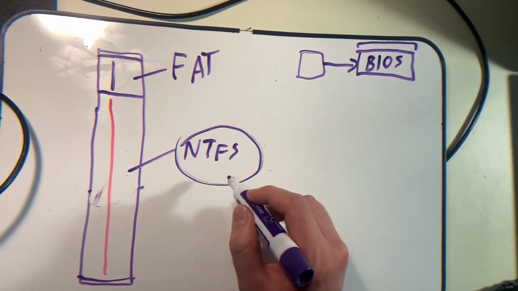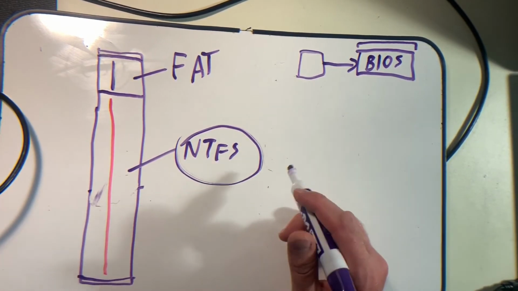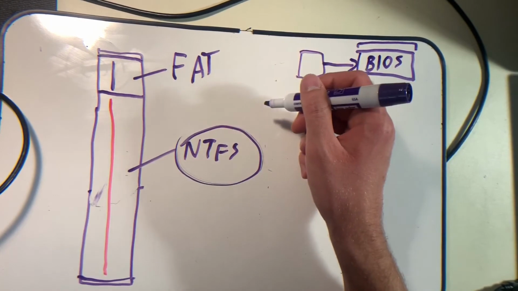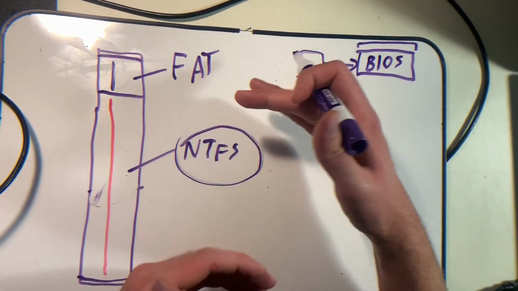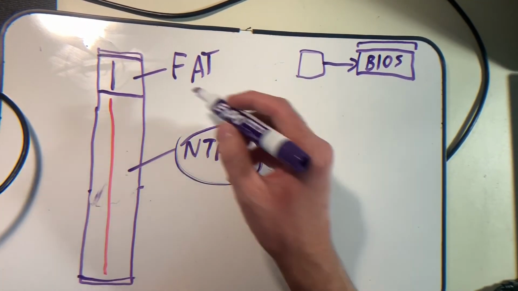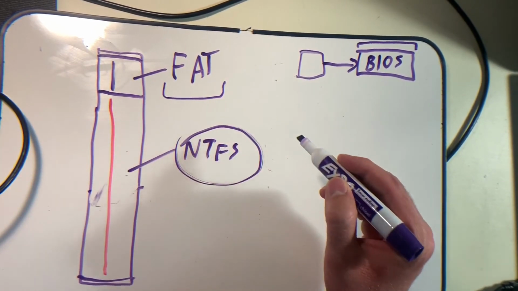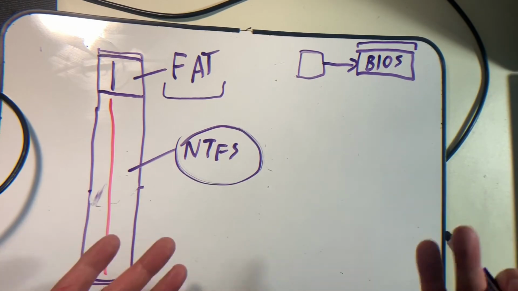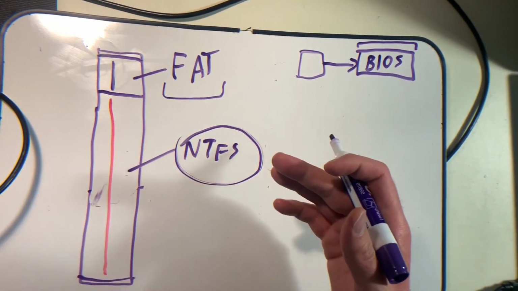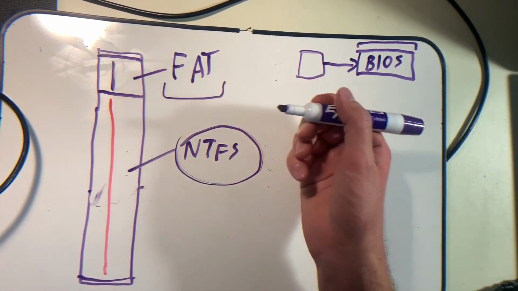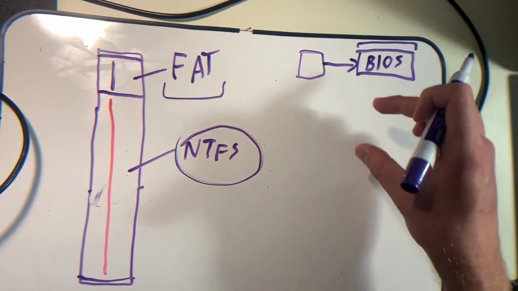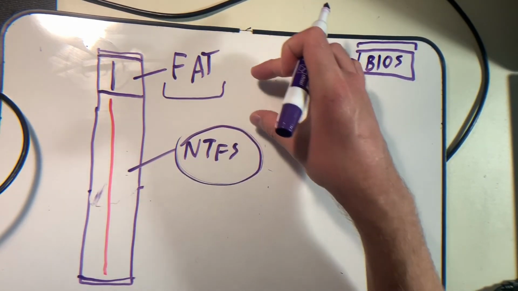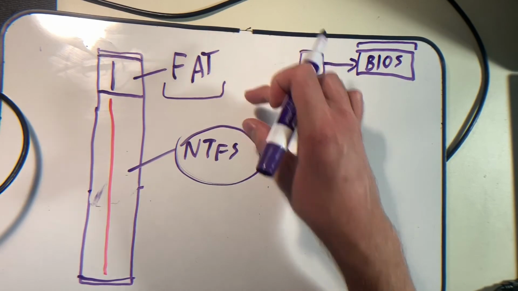The NTFS file system is pretty complicated, and to allow a computer to understand it, it requires a pretty substantial amount of code. Whereas the FAT file system, whether that's FAT16 or whatever happens to be that particular version of FAT, is a very simple file system. So to instruct the computer on how to read it requires a very, very small amount of memory.